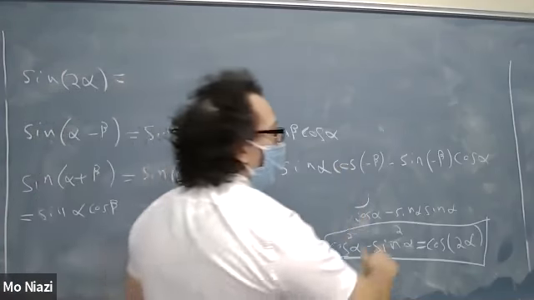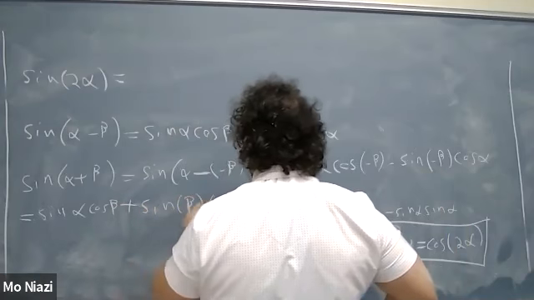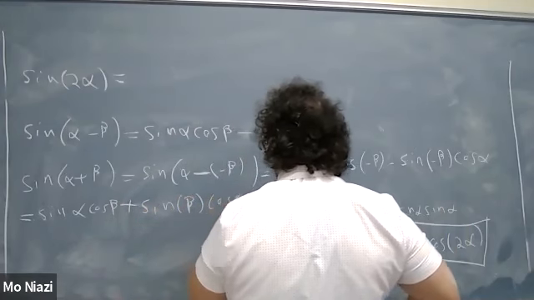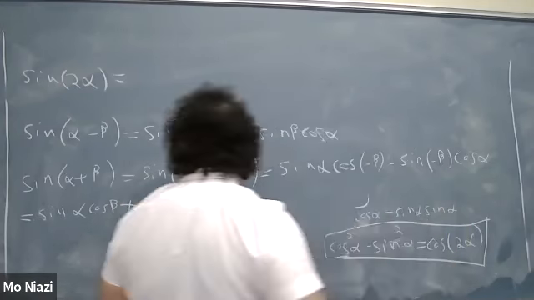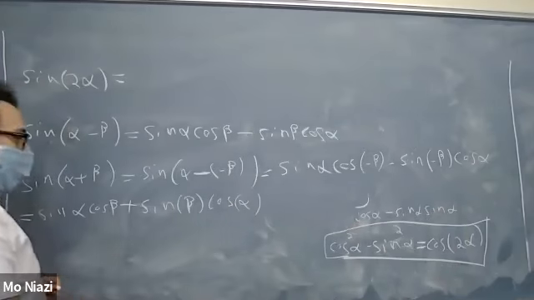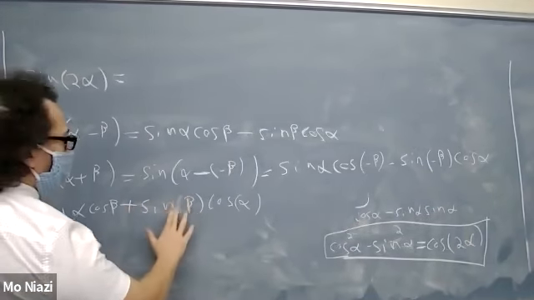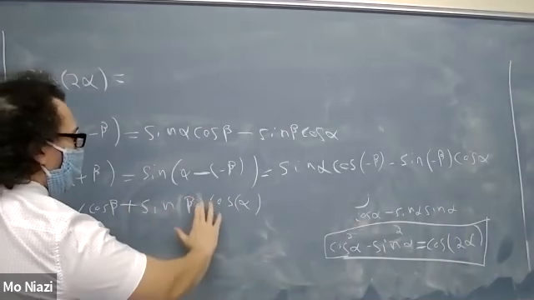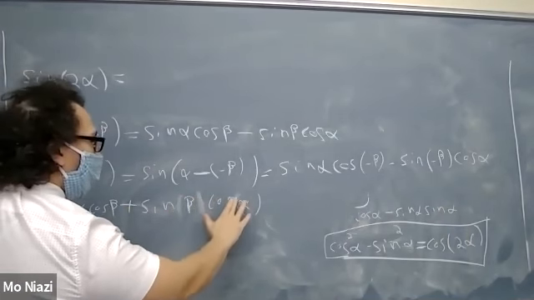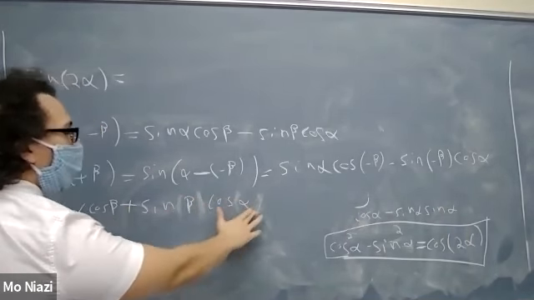Plus sine beta cosine alpha. And I don't need these parentheses, but they're technically always there. Haha, got a new equation.